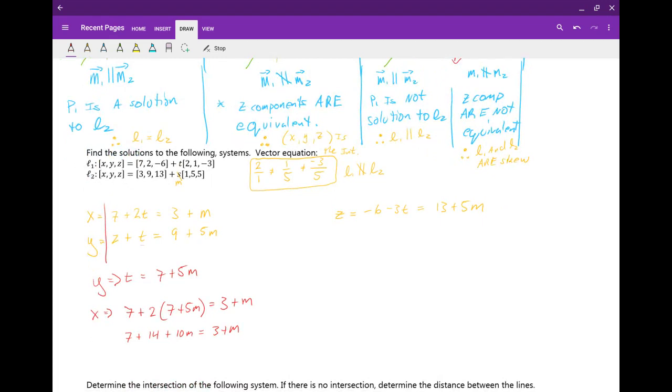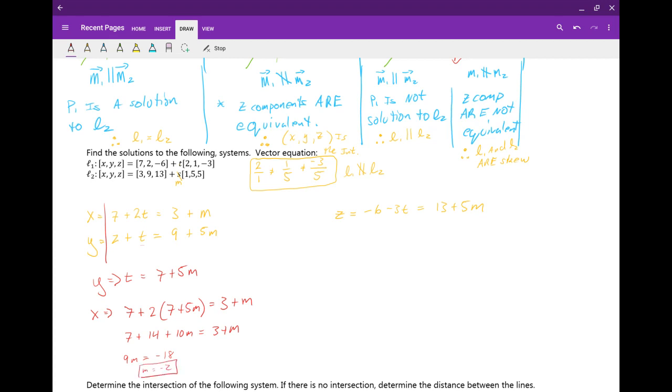And so I'll pass my numbers to one side and my m's to the other. And I'm getting a 9m equals, what's 3? 7 is 14. So 14 is 21. 21 minus 3 is 18. Is that right? Is that a negative 18? Passing it over there, and I'm getting m is a negative 2.